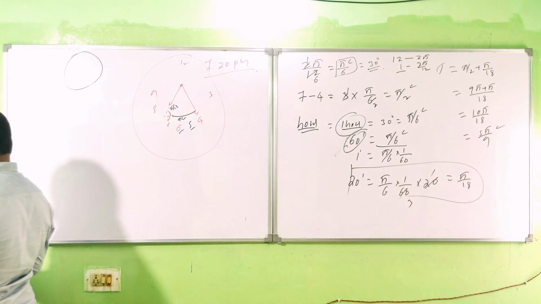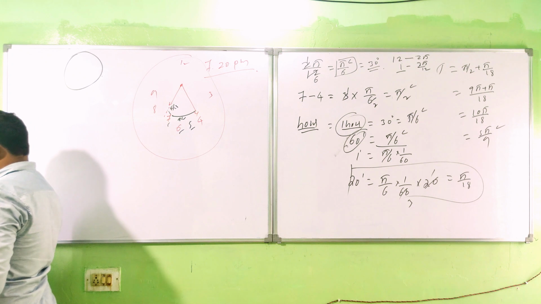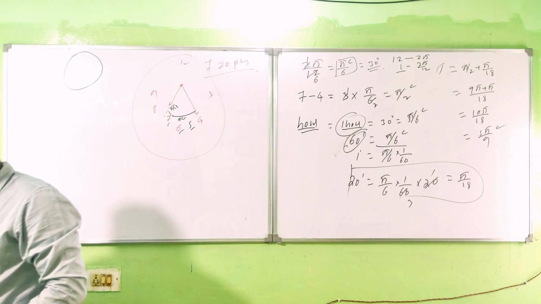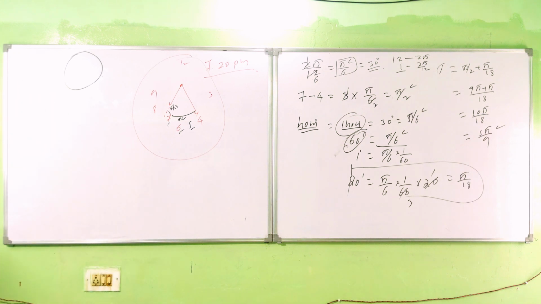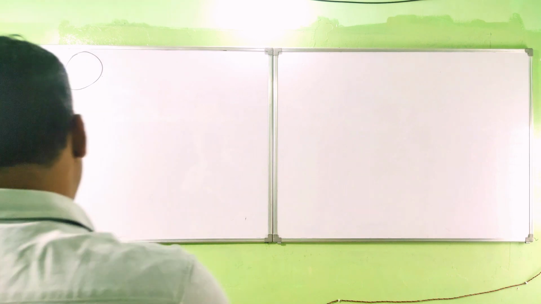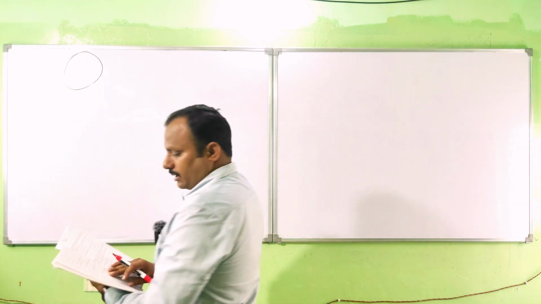Next question. Listen here. If the angles of a triangle are in the ratio 3:4:5, find the smallest angle in degrees and the greatest angle in radians.